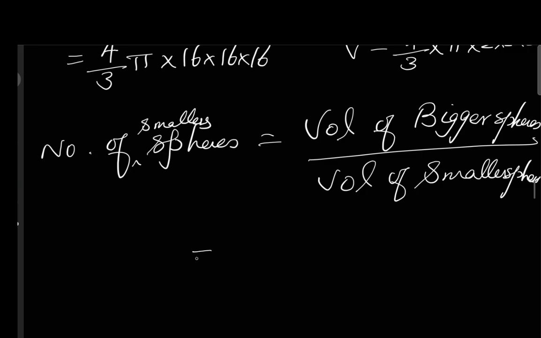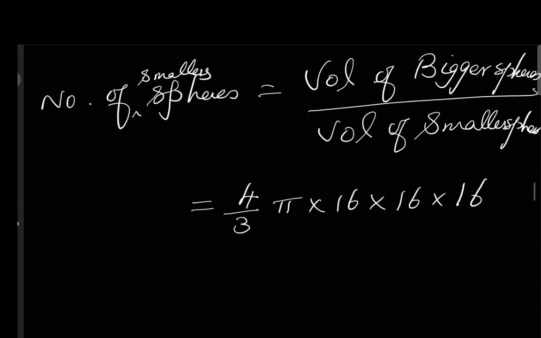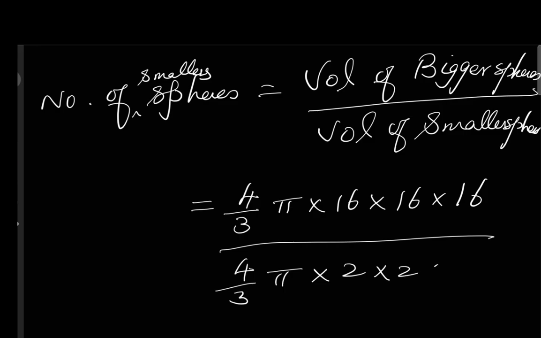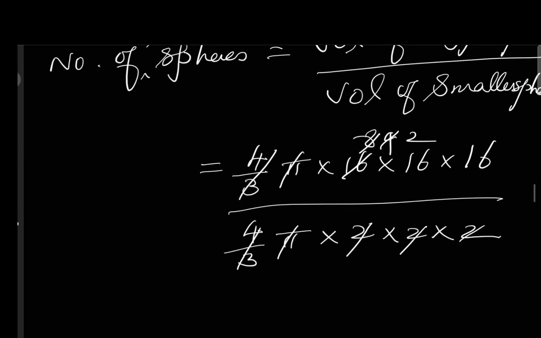So this is equal to 4 by 3 pi 16 into 16 into 16 divided by the volume of the smaller sphere 4 by 3 pi into 2 into 2 into 2. So this 4 by 3 just cancels, pi cancels, 2 in 16 goes 8 times. Again this 2 goes 4 times. Again it goes 2 times.